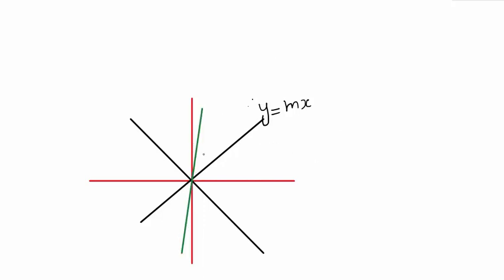What will be the difference between these lines? The only difference will be the value of m, that is known as slope. In 9th class physics, you have learned about slope in the chapter Motion while deriving the equations.